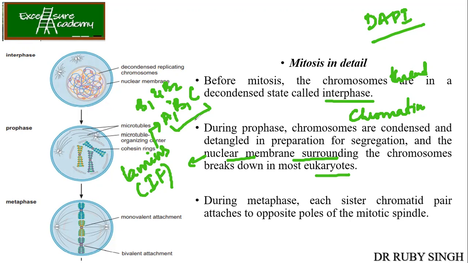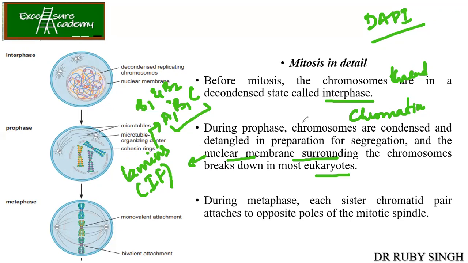If not possible, then go to the playlist on my channel Excelsior Academy, in the cell biology section, where we have already discussed the lamins in detail, how exactly the nuclear membrane gets disrupted and how it is finally formed at the end of mitosis.